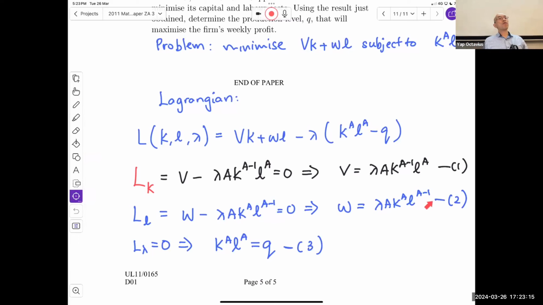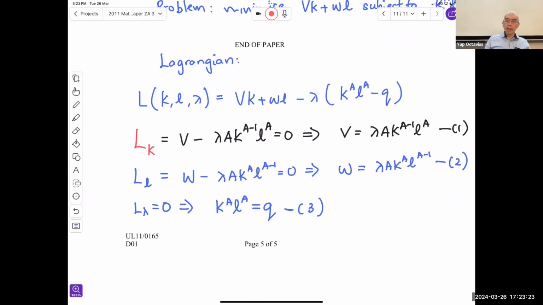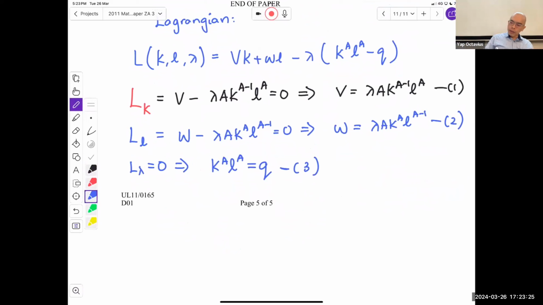My favorite is to take 1 divided by 2, or 2 divided by 1, because this will give you back very nice numbers. So I'm going to take 1 divided by 2. Let me write everything first because I'll show you what to cancel.